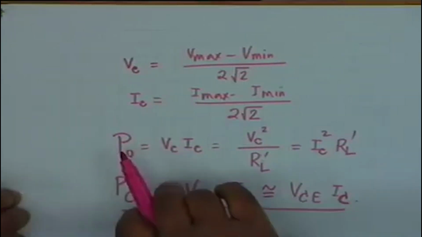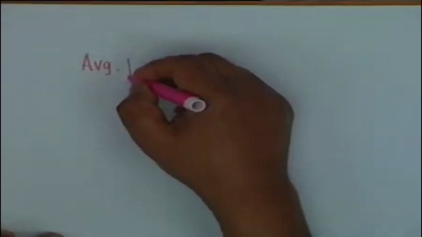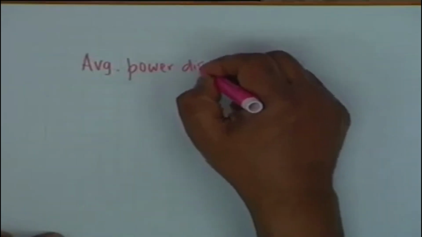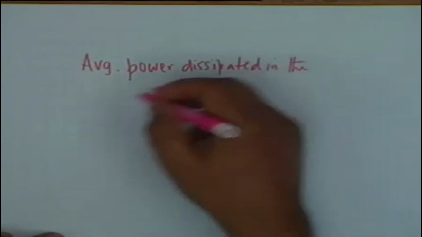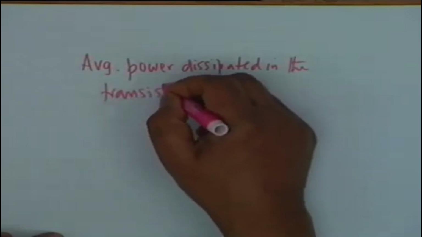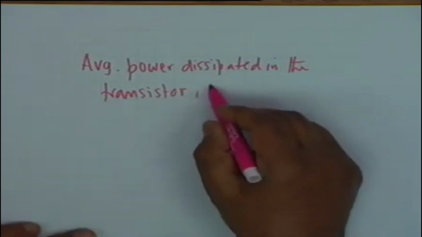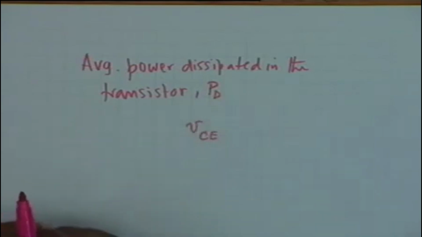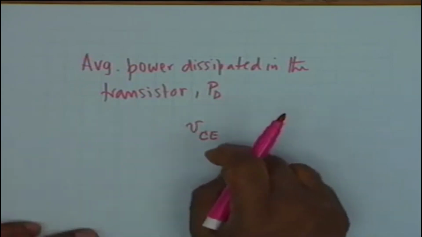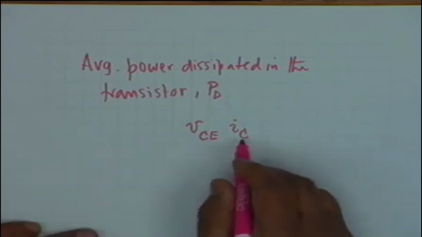And under this condition, let us find out another quantity, the average power dissipated in the transistor, and we shall have fun. How much power is dissipated in the transistor? Obviously, the instantaneous power dissipated in the transistor is VCE, the total collector to emitter voltage, multiplied by I sub C. This is the instantaneous value.